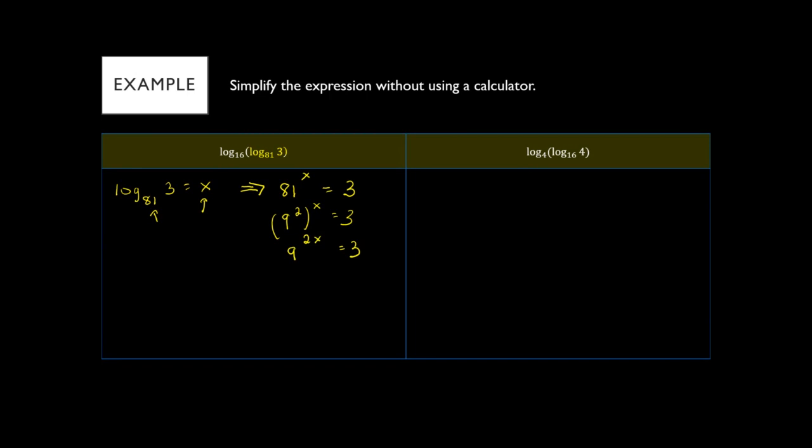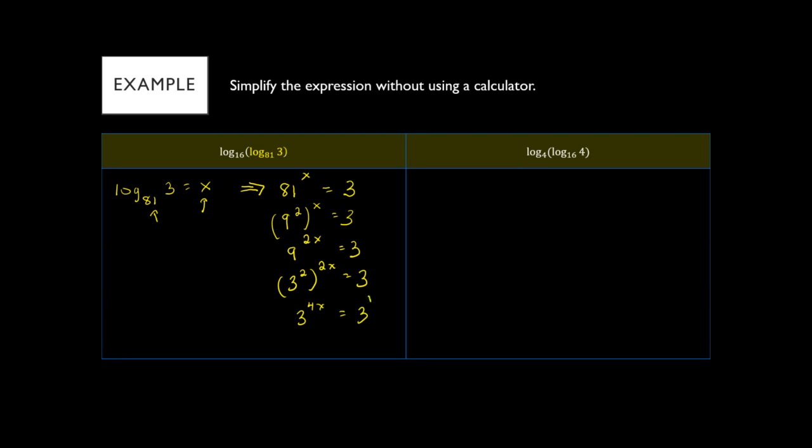So, okay, we can rewrite 9. 9 is 3 squared. So we've got 3 squared, and then to the 2x equals 3. Our rules of exponents say we multiply those. So that would be 2 times 2x, so 3 to the 4x equals 3.